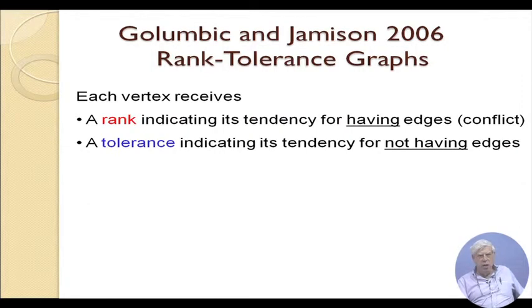And here is that model, which we call rank tolerance graphs. We'll give every vertex two parameters. One is called the rank, the other is the tolerance. The rank is its tendency to have an edge, and its tolerance is its tendency for not having an edge.